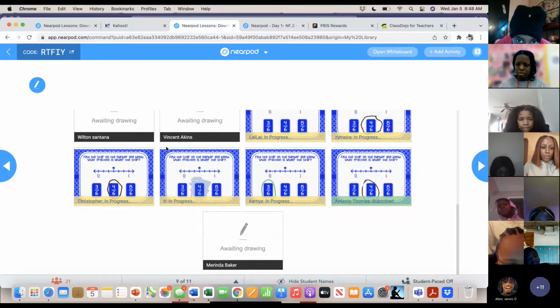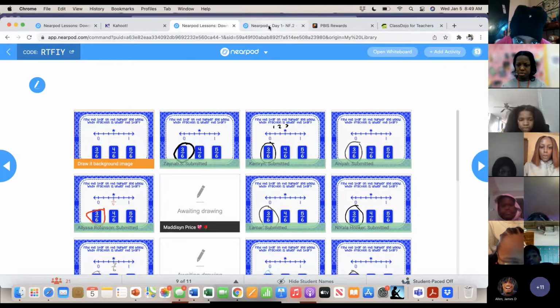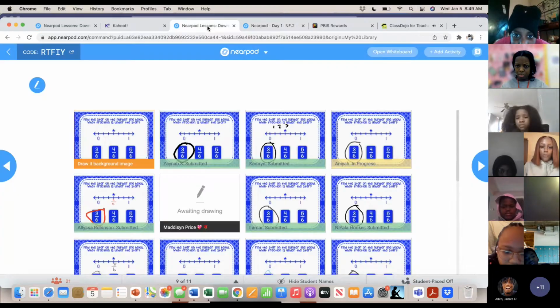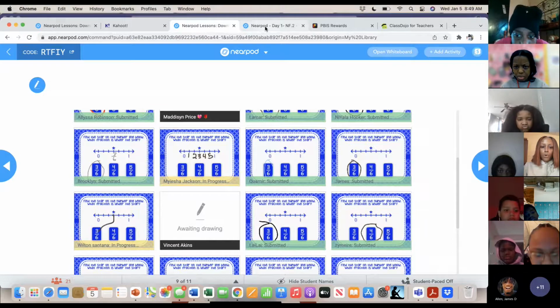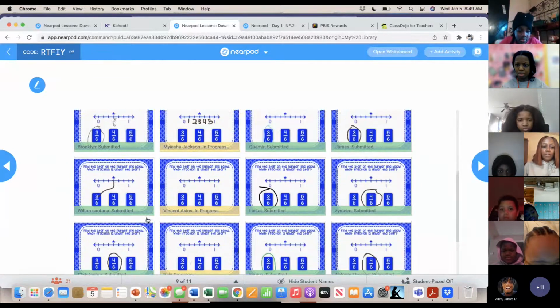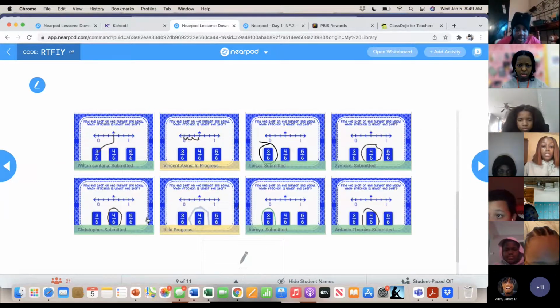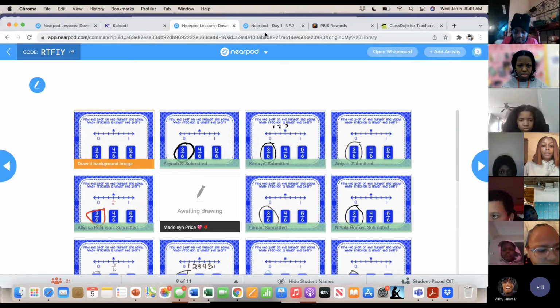Maddie, Maisha, Wilton, Vincent, submit your answer when you're finished. So I'm seeing 2 different answers, and that's good. We're gonna explain this. So for the most part, go ahead and submit your answer, and then I'll reveal the correct answer. Ooh, Maisha, I like what you are doing. I see what you're doing. That's a good strategy that you're doing, Maisha. Thank you, Tyree, for coming on and participating.